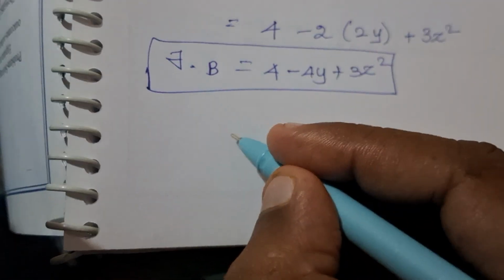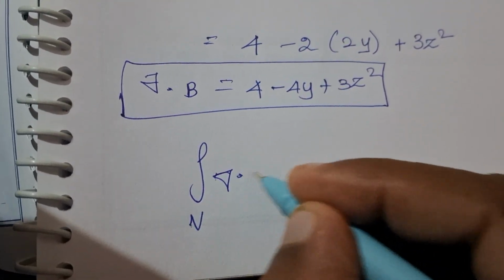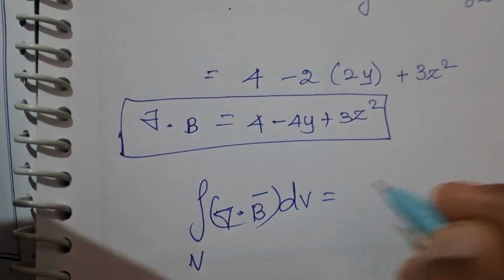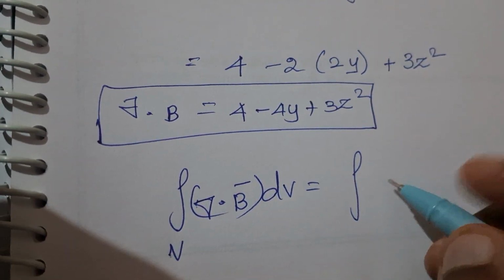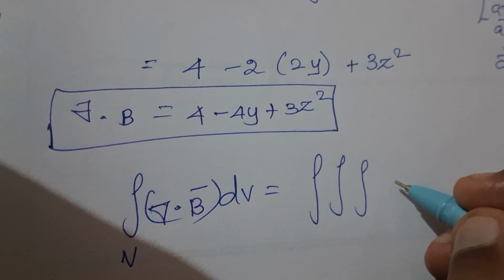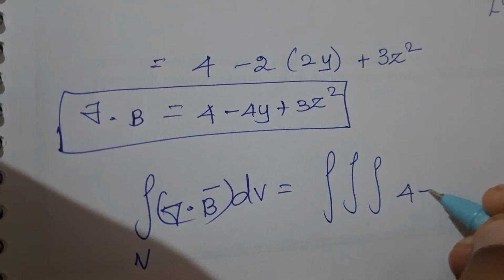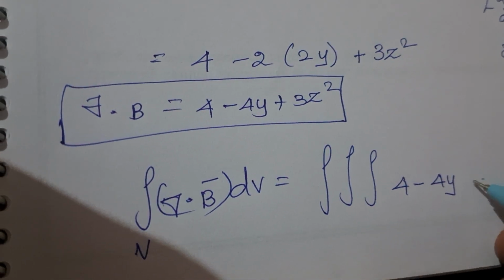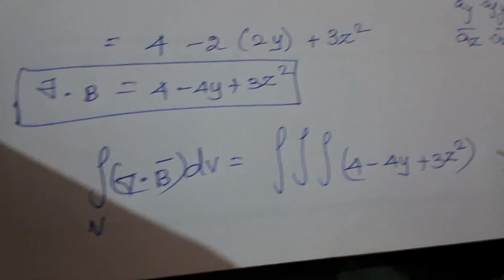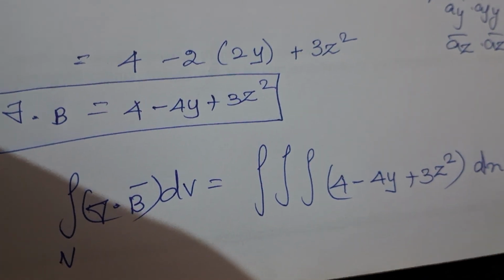Substituting, the volume integral of del dot B dV is a triple integral of 4 minus 4y plus 3z square dx dy dz.